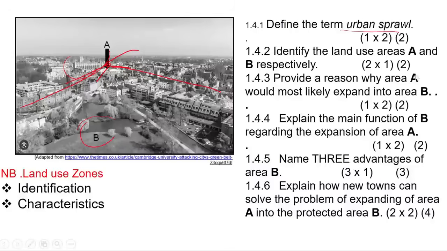Provide a reason why area A would most likely expand into area B. Why is it going to expand into this area? It's going to expand into this area because you can see there are no buildings there. It is flat, and this is where it's going to build.